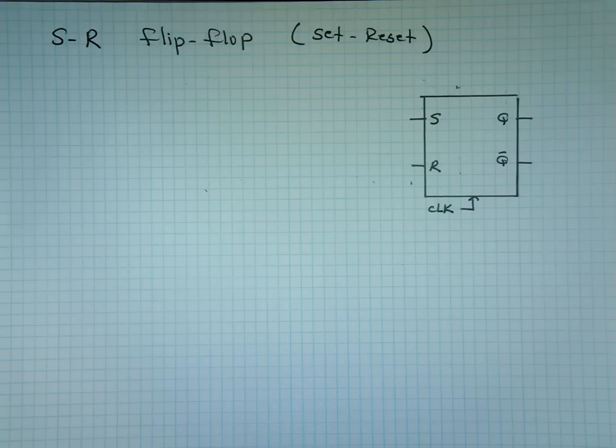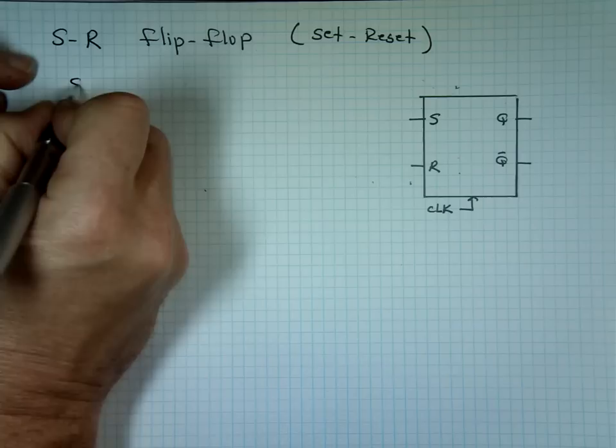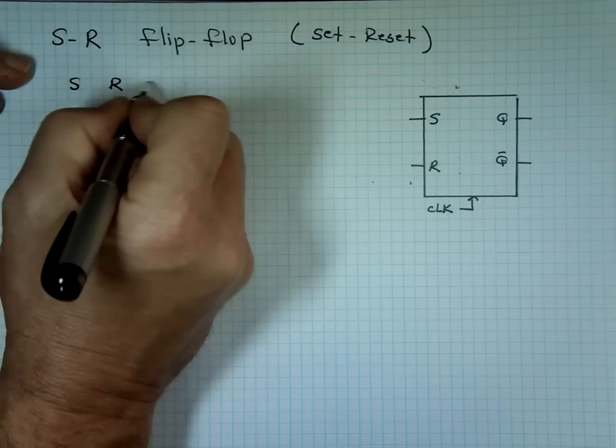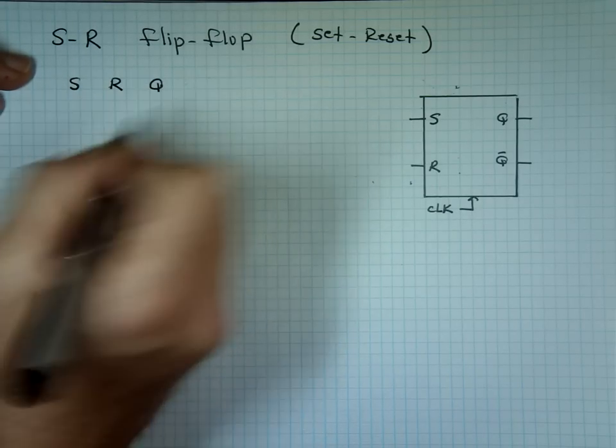We didn't show you what the inside of the flip-flop looks like. We can actually figure that out in a minute. Now I'll show you how we use them. So let's list them. This is S, this is R, this is Q, the current state, and this is the next state. What will happen?